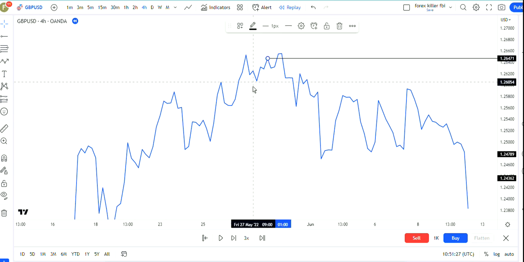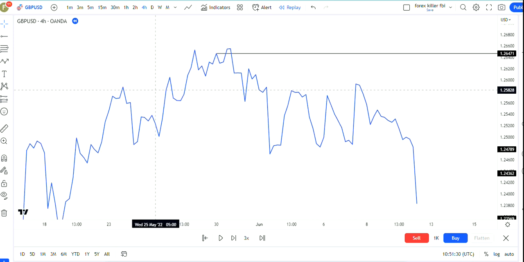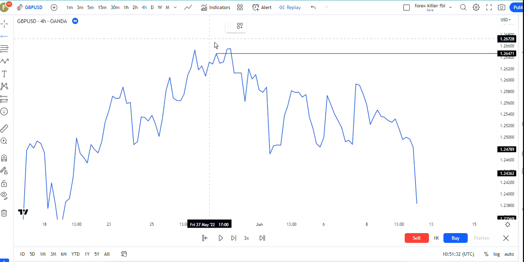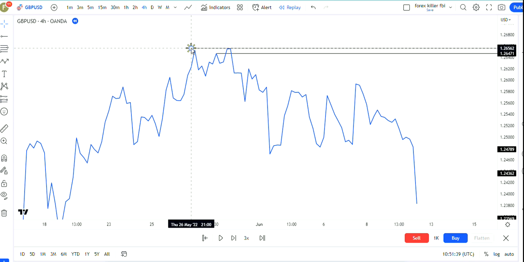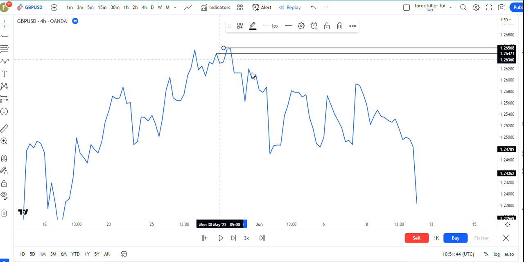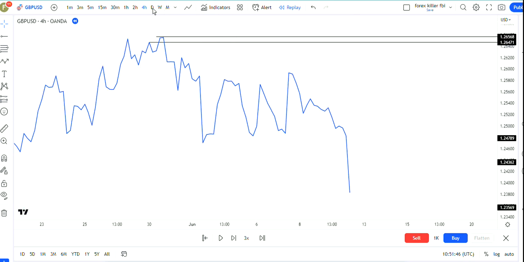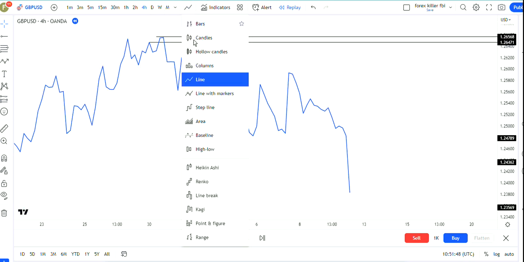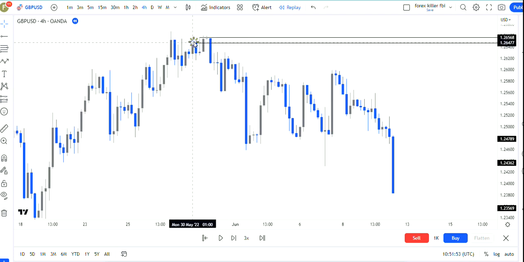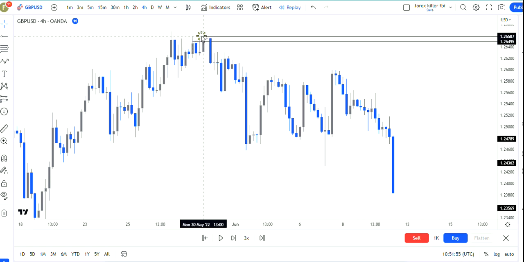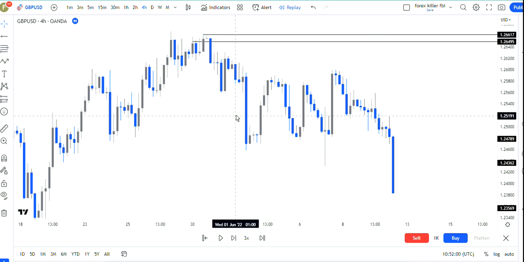This is what we call an overthrow, and this one will be used as a stop loss. The stop loss will be around this point here. Our entry will be at this point. Alright, now let us replace the line chart with candles. Our entry should be at this point, and this will be our stop loss around this point here.